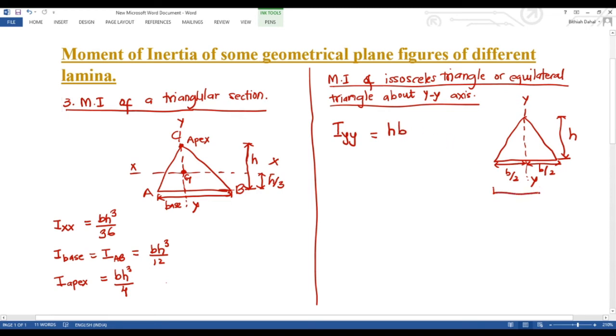So directly remember this formula for an isosceles triangle.